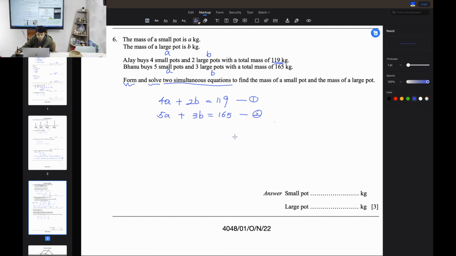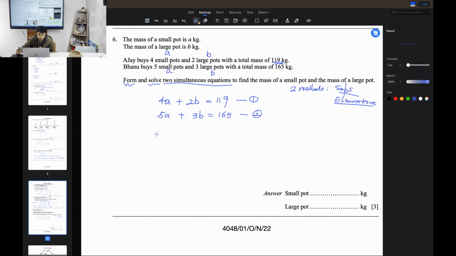How to solve this? You can use substitution or elimination. Personal choice. I would use elimination.